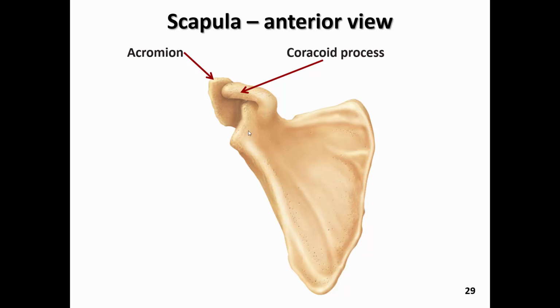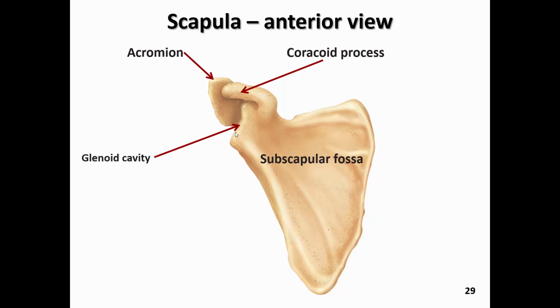The coracoid process is this oddly shaped bony prominence here that will serve as a site of attachments for ligaments and muscles. On the anterior side of the scapula is a very large groove, if you will, a depression called the subscapular fossa.